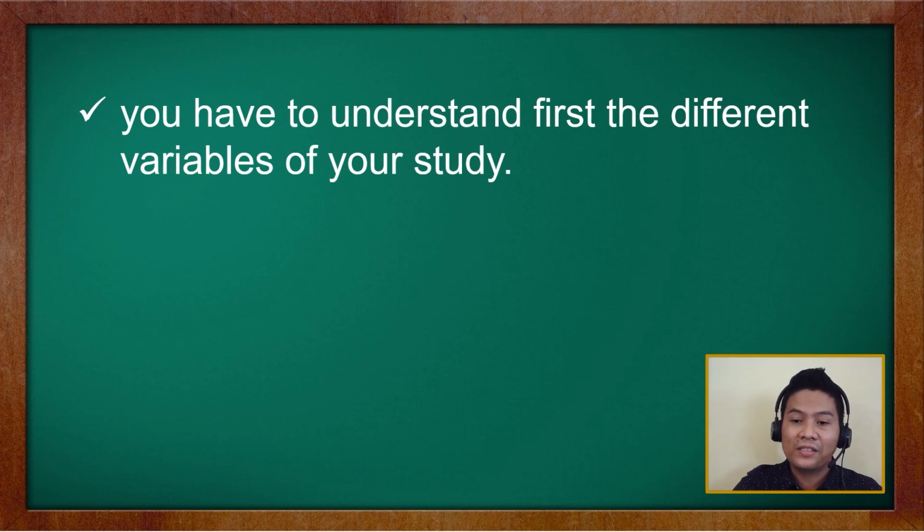Although these were already discussed in the previous modules, we have to discuss it again for clarification or just a review on the important concepts because these are included in making a research framework.